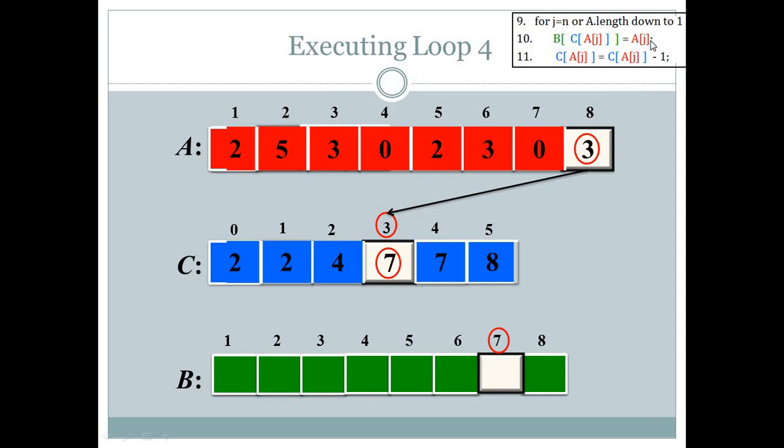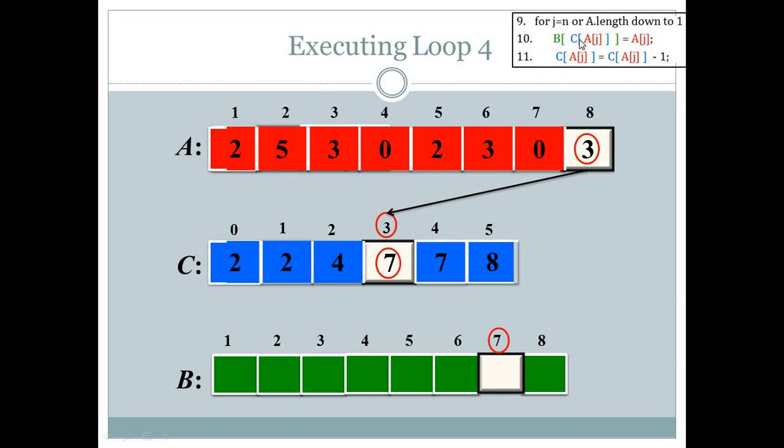Okay, A of j. A of j is 3. So at this place we will store 3. So again, understood: first of all find A of j. A of j is 3, so 3 will become C's index. At index 3 of the C array, what is the value? 7.